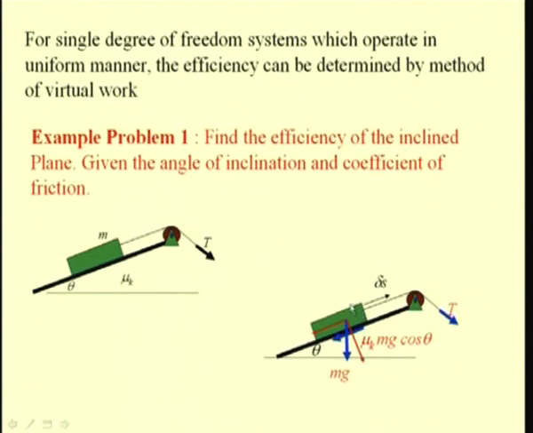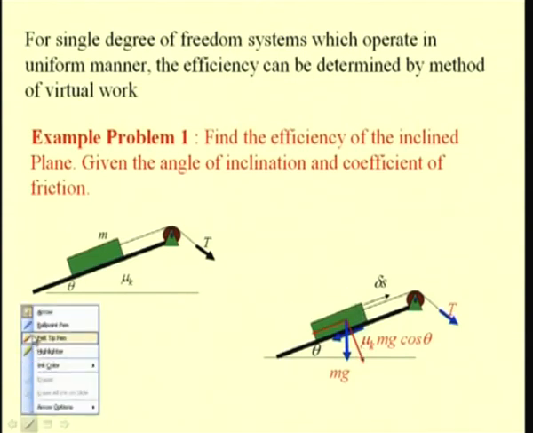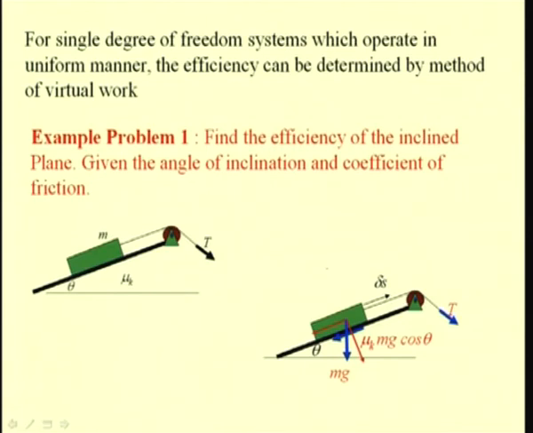And if we consider our analysis with this as our coordinates, say this is my x coordinate and this is my y coordinate, then the component of the weight perpendicular to the inclined plane does not do any work, but the component of the weight along the plane does the work.